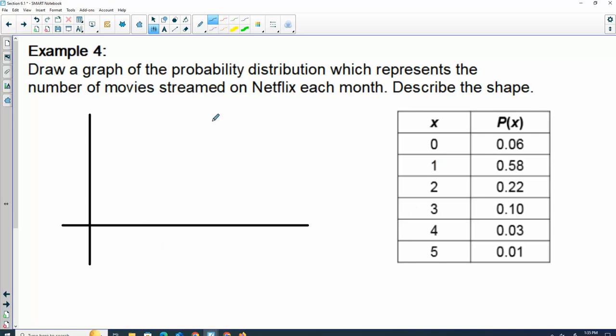So my X here represents the number of movies streamed on Netflix, and my Y is my probability. So my X's go from 0 to 5. My Y's, I'm going to count by 0.1.